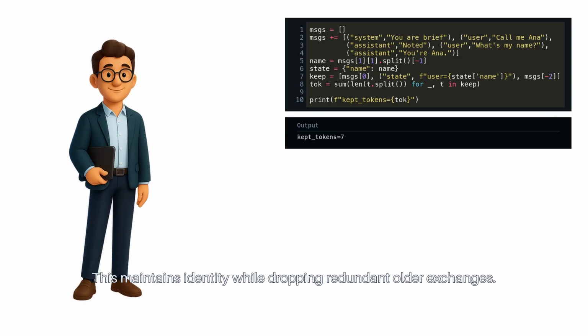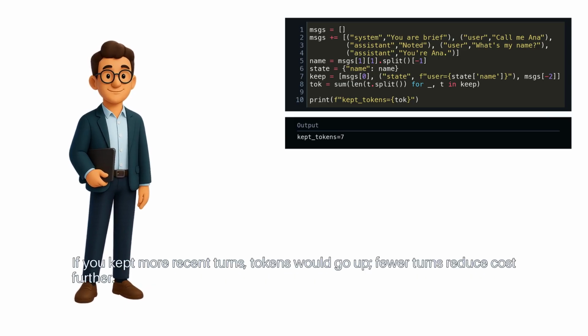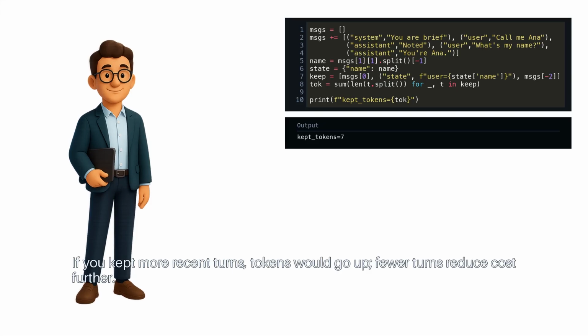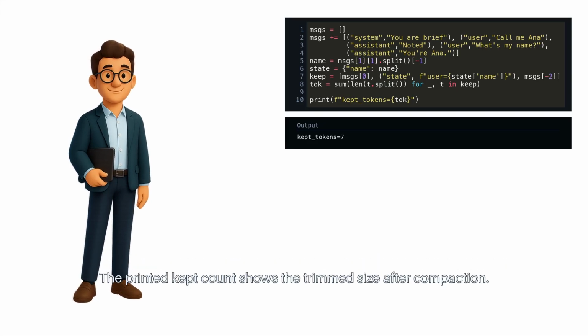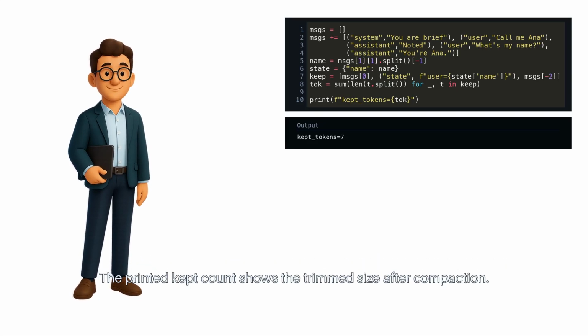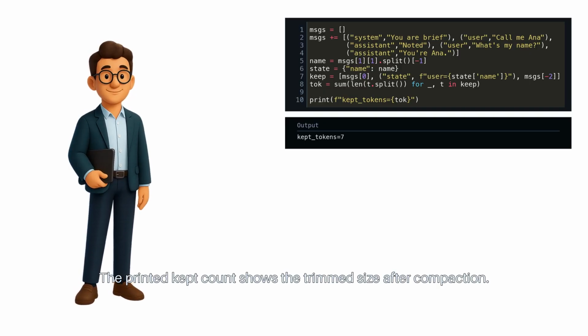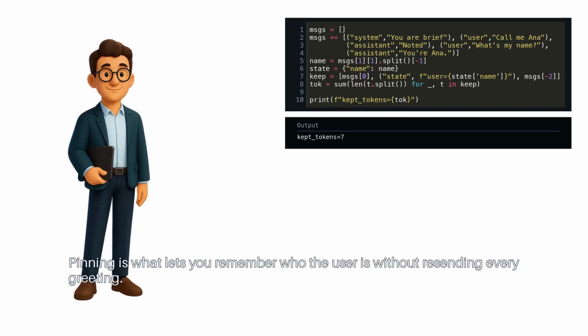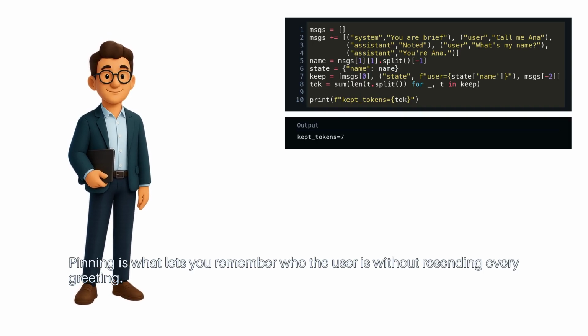This maintains identity while dropping redundant older exchanges. If you kept more recent turns, tokens would go up. Fewer turns reduce cost further. The printed kept count shows the trim size after compaction. Pinning is what lets you remember who the user is without resending every greeting.